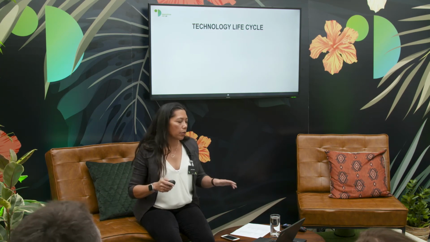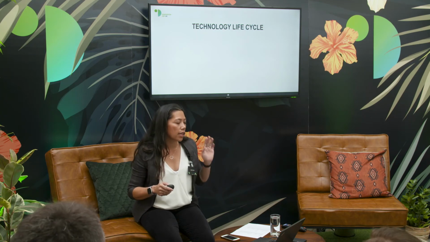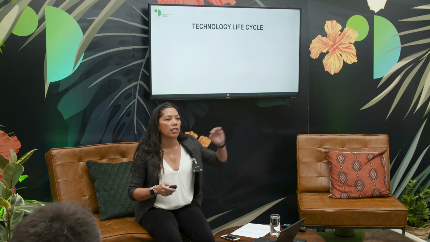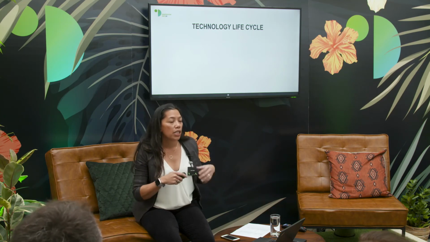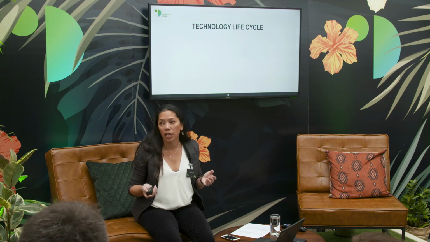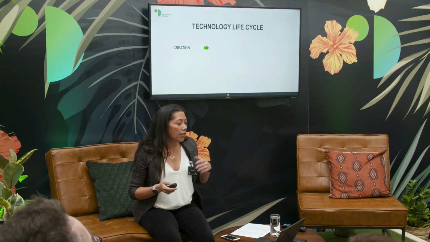And so really quickly, technology life cycle. I think that there are three main parts to the technology life cycle. There's the creation. Creation is really on the cutting edge. It can take 5 to 20 years to get new technologies out there. It can take a long time, but that's really what we're doing in research facilities and universities. And then there's productization.